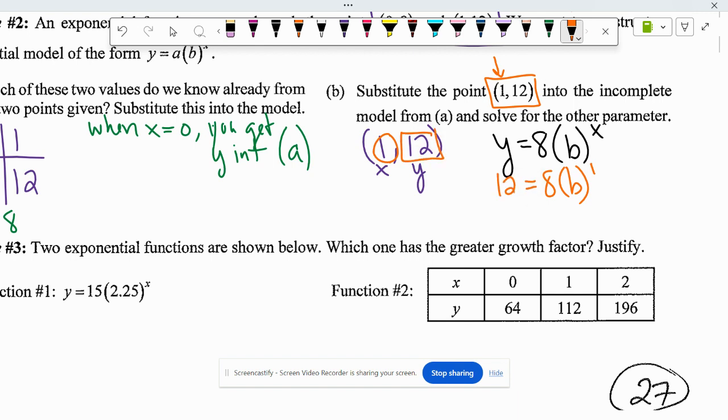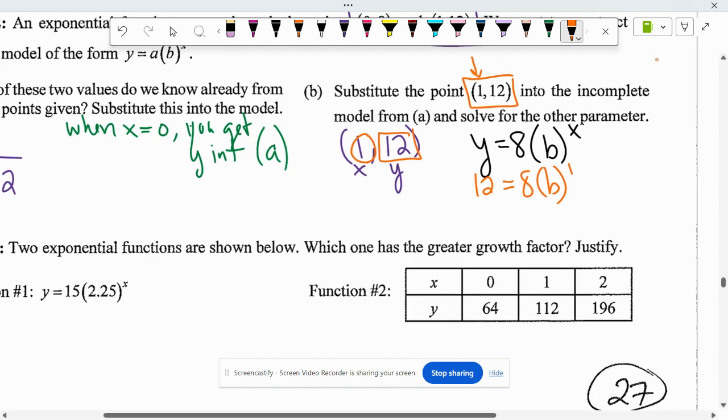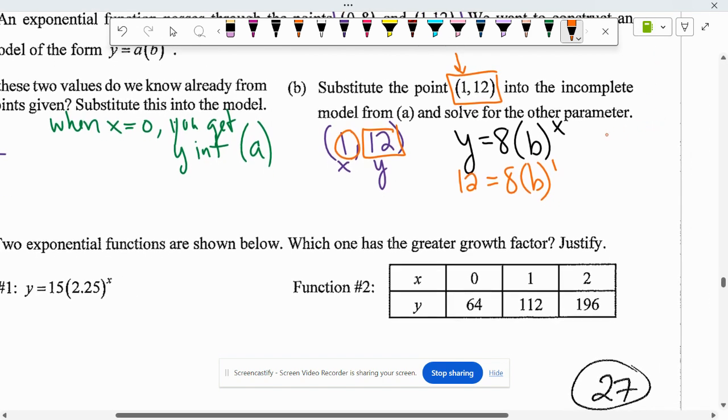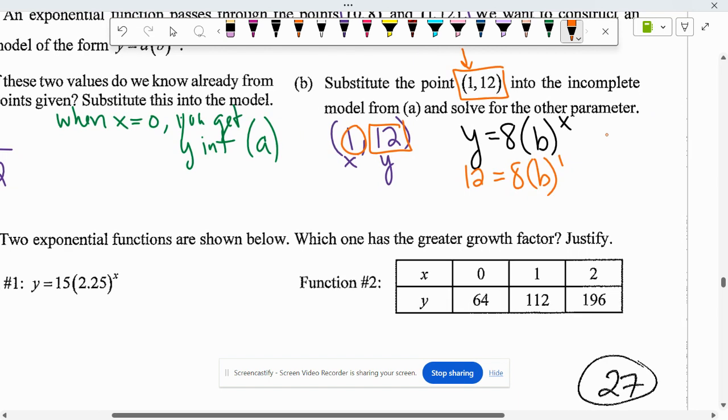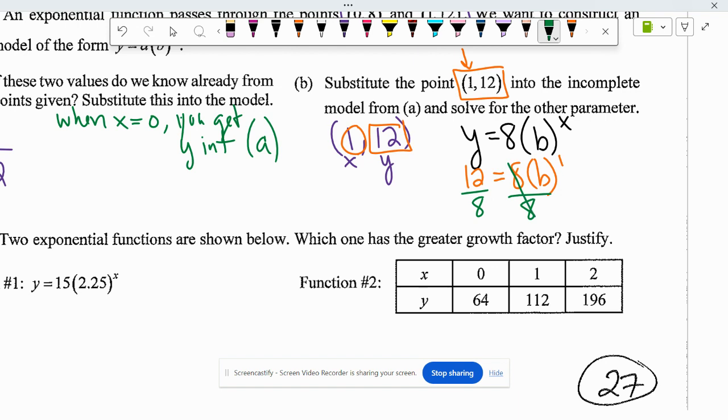And what are we replacing y with? 12. Okay. So what is b to the first power? It's just b, right? So can't I divide both sides by 8 and figure out what b is? So b equals 12 divided by 8. Can I reduce that?